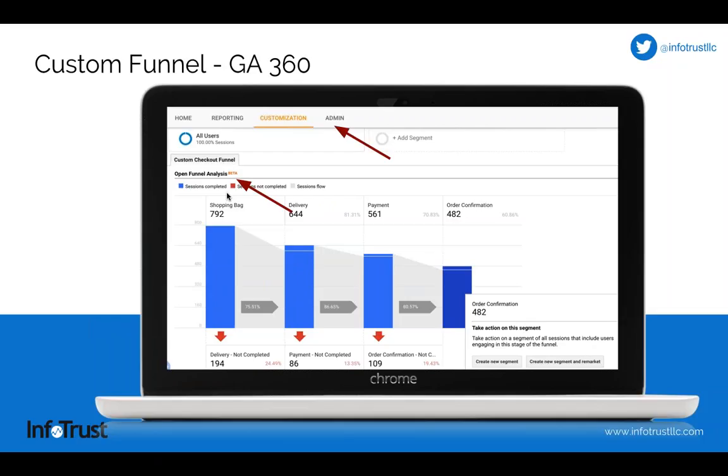But if your organization and platform doesn't follow a standard flow or most common retail stages, you can still use custom funnels if you have GA360 and build out a report that has stages that you set.